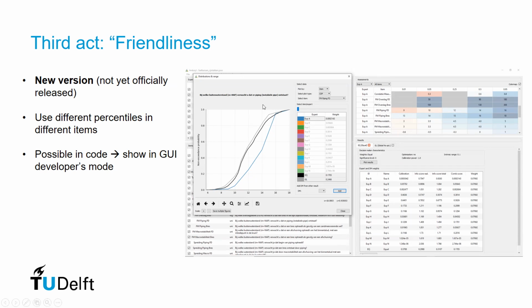Who's actually elicited different percentiles for different items in his pool of experts. So these 3 items elicited the 5th, the median, and the 95th. But these remaining items elicited also the 1st percentile and the 25th percentile.